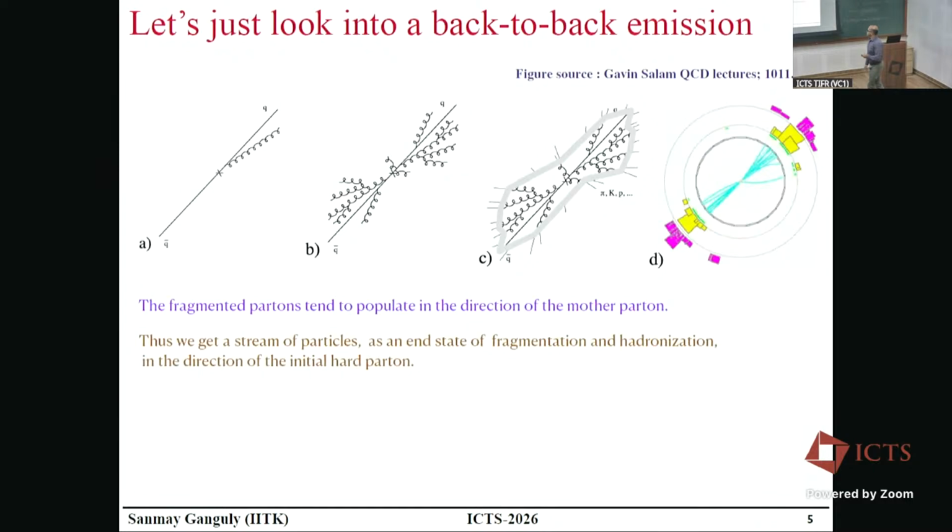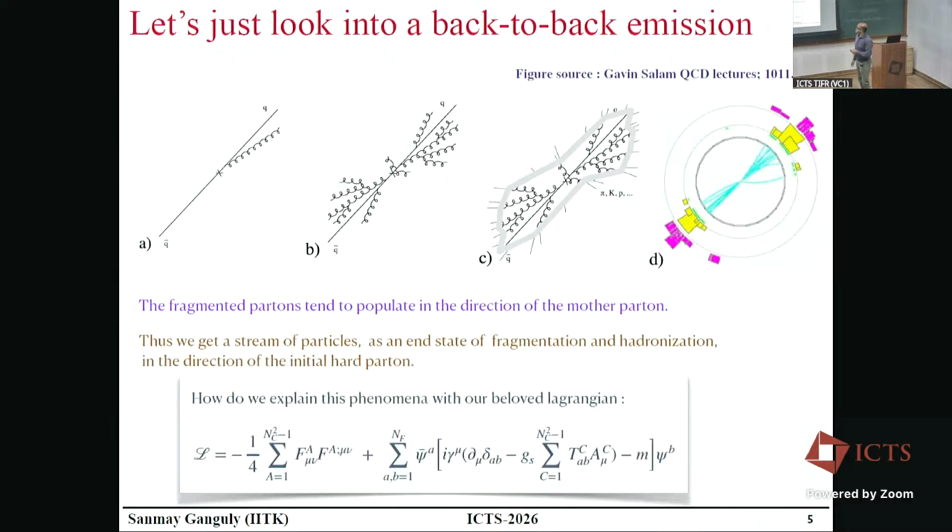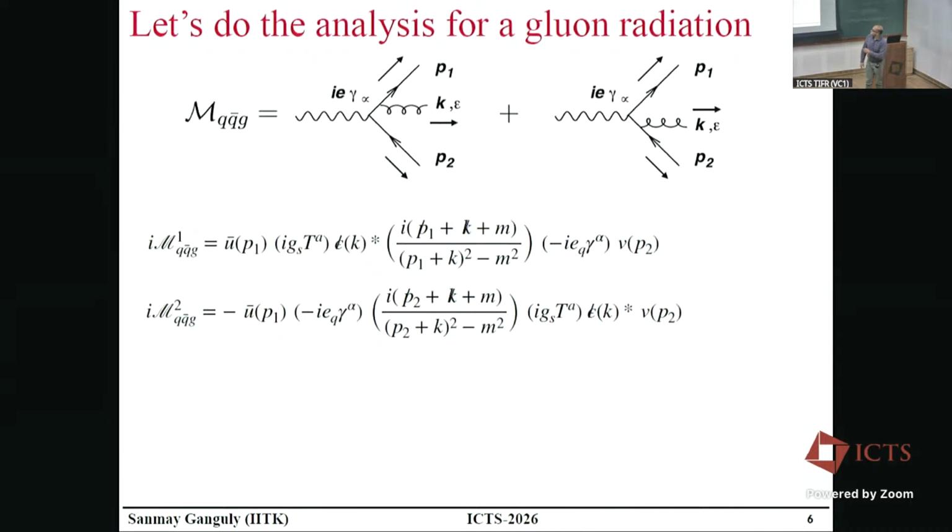So let's do it. The stream of particles we get here has to be explained starting from this Lagrangian. Of course, I didn't put in the gauge-fixing and ghost terms. All of you know that. Right, where it all starts: it all starts with how a parton fragments.